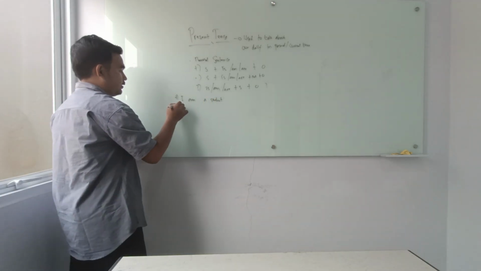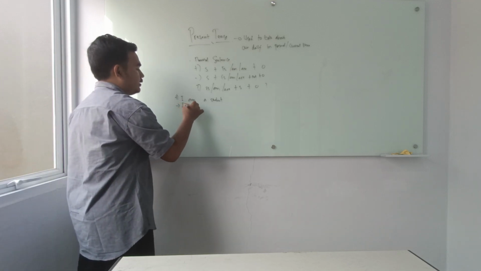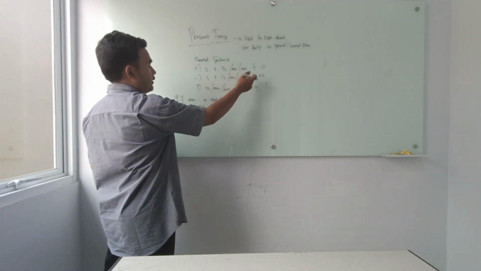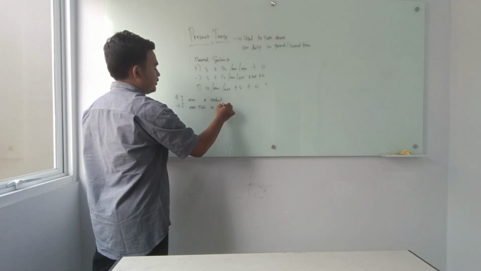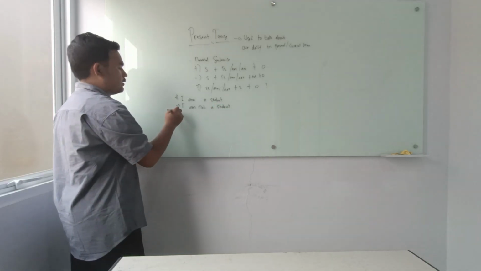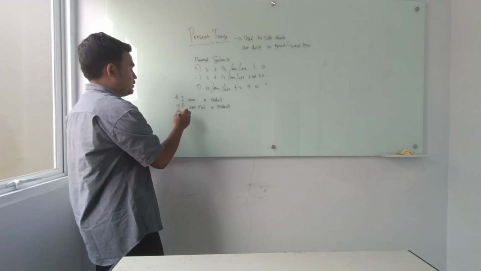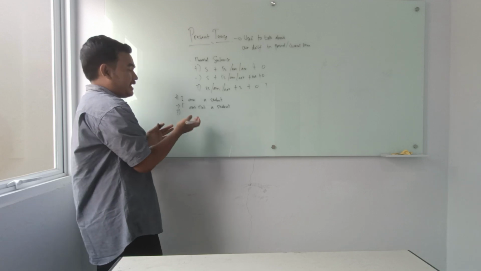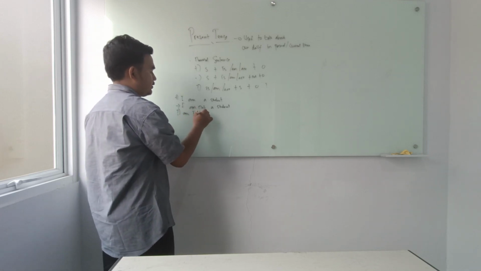And in a negative sentence, we use I am not a student. And in an interrogative sentence, we put am in front of the subject: am I a student?